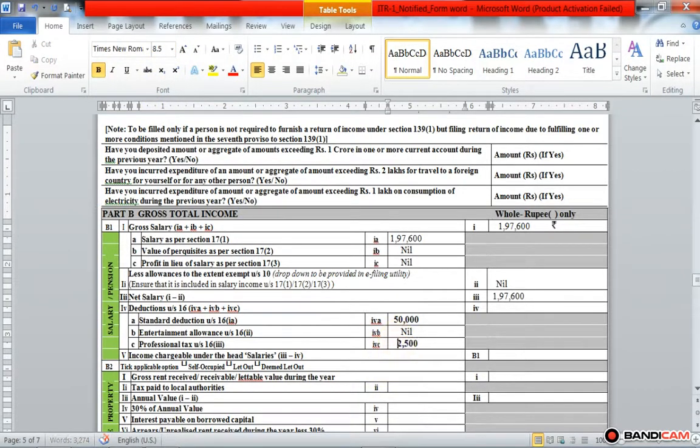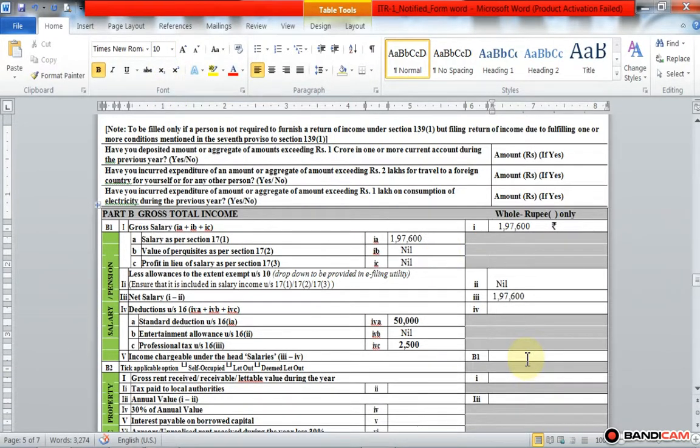Now make the total of deduction, and the deduction is 52,000. So put the figure in deduction, here in this column, that is 52,500.